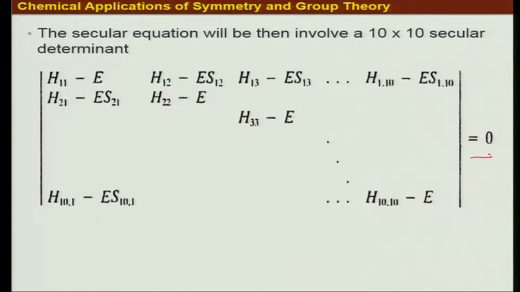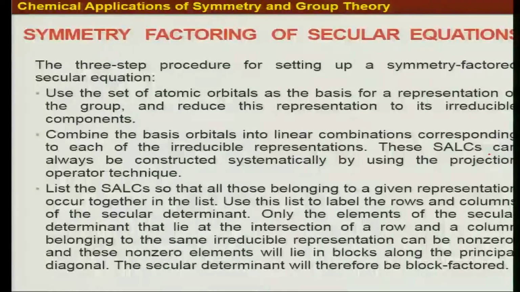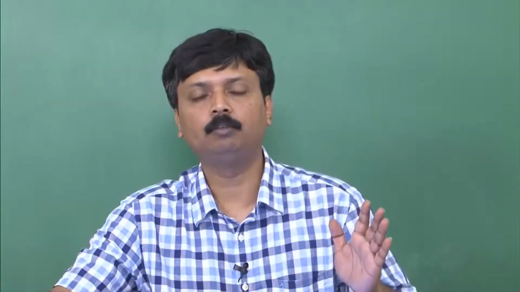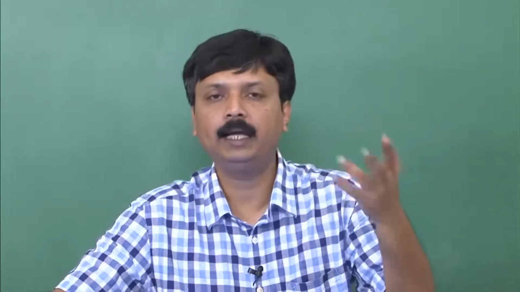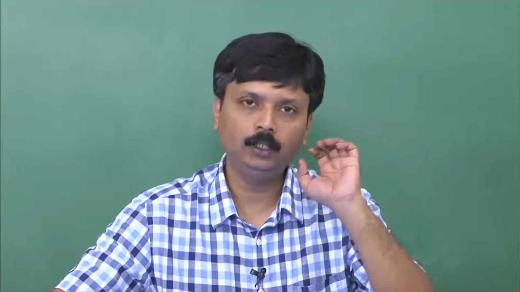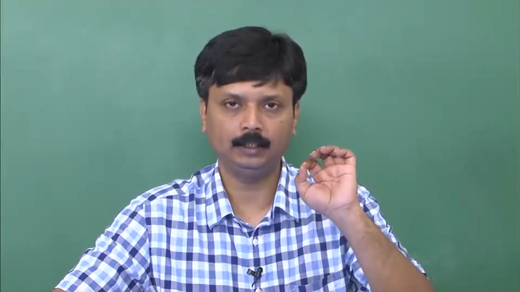Now there is a 3-step procedure for setting up the symmetry factored secular equation. This is a huge 10 by 10 determinant, which is really kind of scary. So can we bring in symmetry restrictions here and simplify my life?